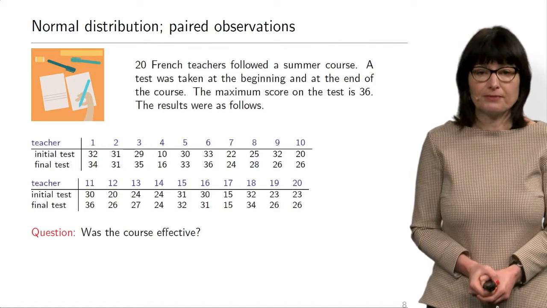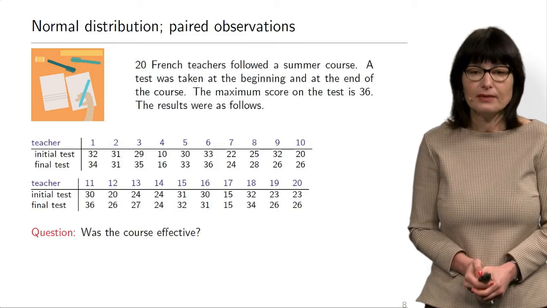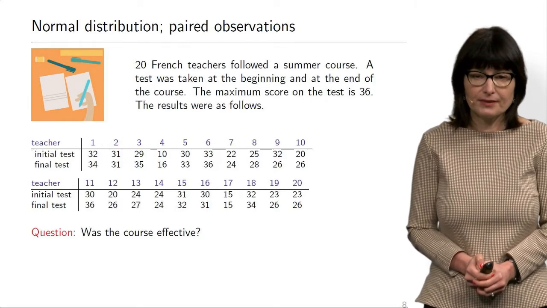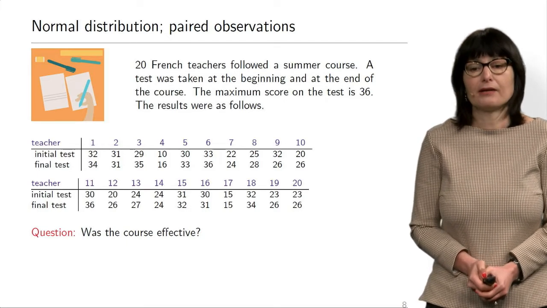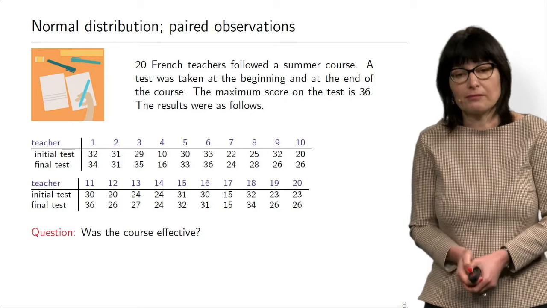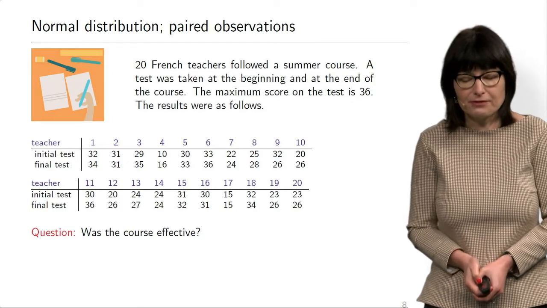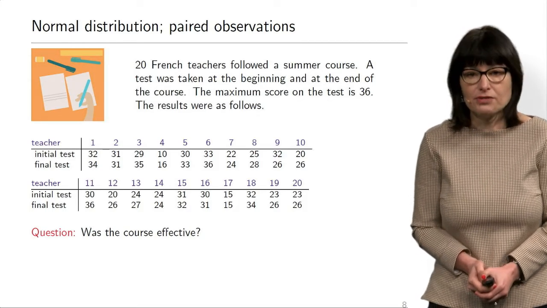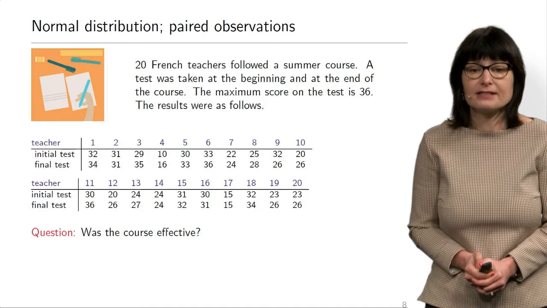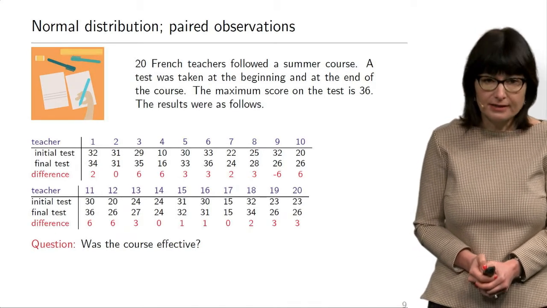So then what do we do? How can we do this inference? How can we answer this question? What do you think? So here the approach is actually quite simple. Since our two samples are dependent, these are paired observations, so-called. What we can always do, we can look at the difference between the initial test and final test.